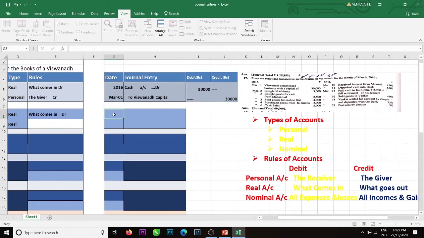Then the date is next month onwards. Simply I have to write date 02. Debit account is machinery. Machinery account debit, to cash account.